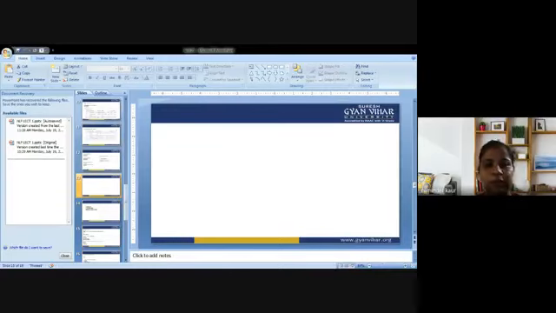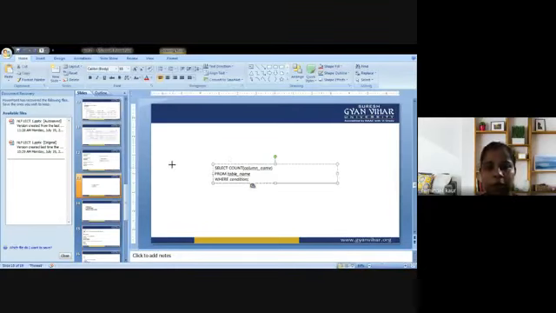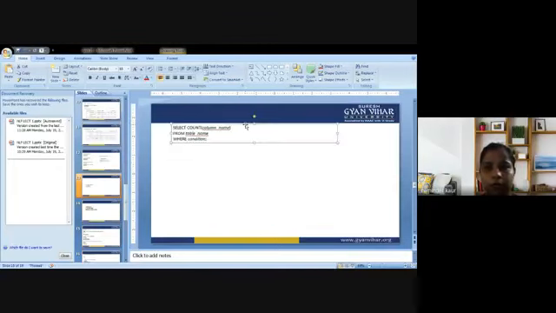So what would be the syntax? This would be the syntax for count: SELECT COUNT(column_name) FROM table_name WHERE certain condition is true.